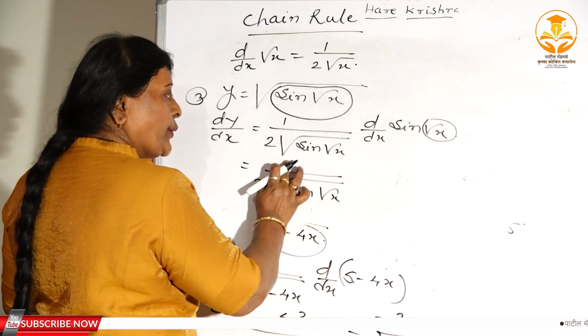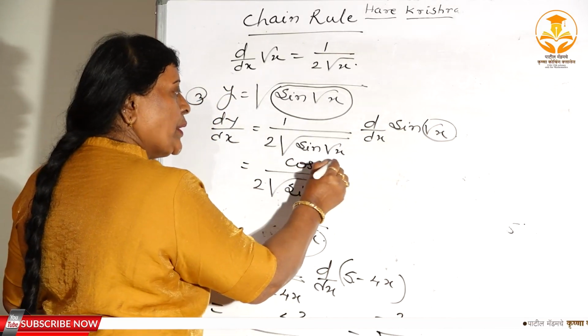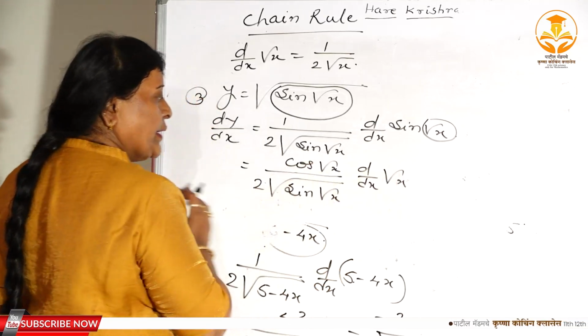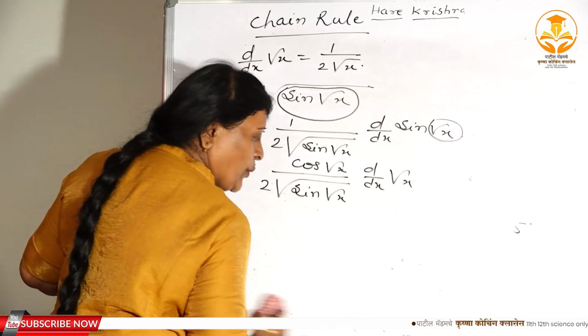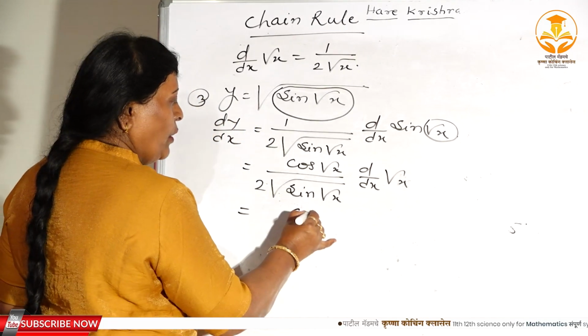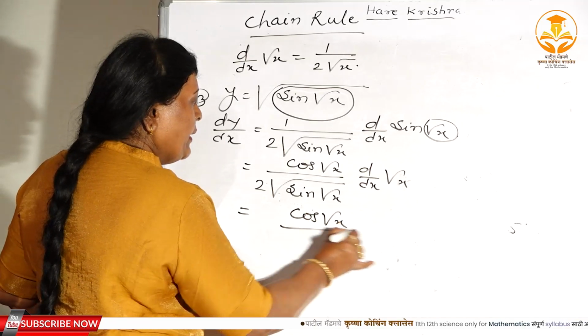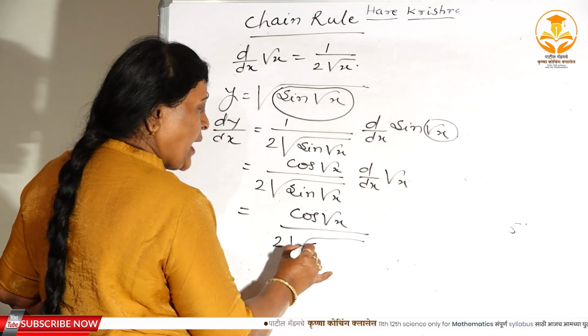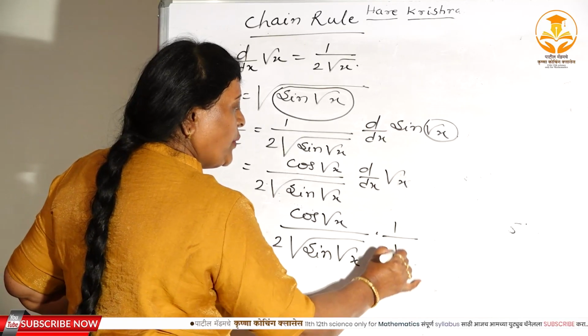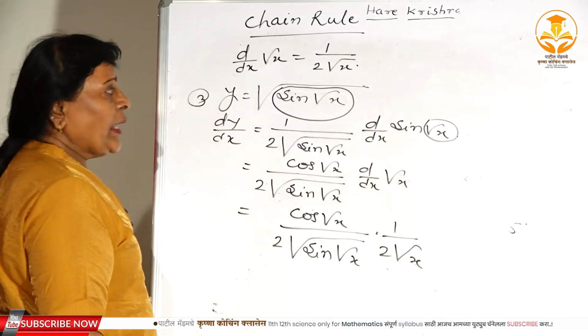Sine u चे derivative काय ते cos u, cos root x, and again d dx of root x, and what is the derivative of a root x? That is equal to 1 upon 2 root x, isn't it? So here cos root x divided by 2 root of sine root x, and here the derivative, that is 1 upon 2 root x, right?